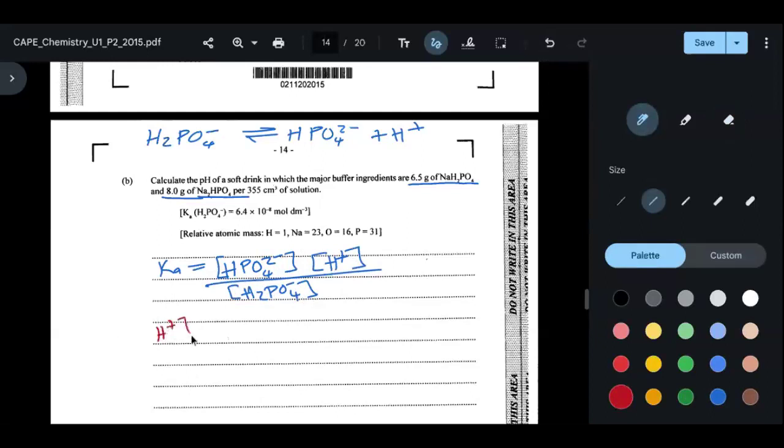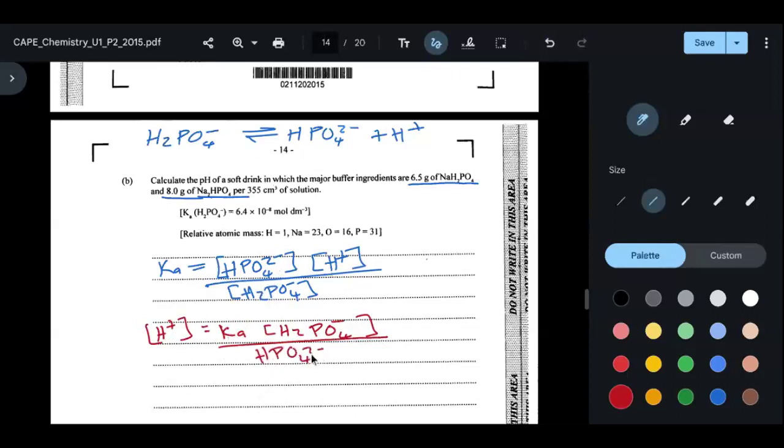But H plus will end up being equal to Ka times H2PO4 minus over HPO4 2 minus.